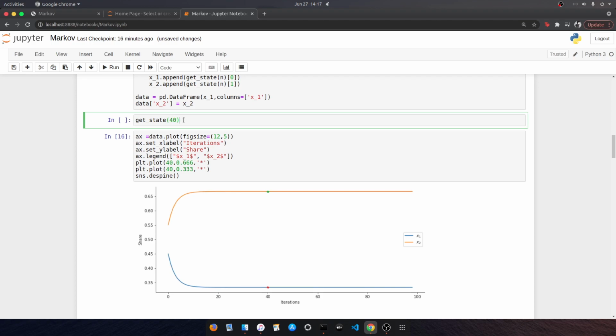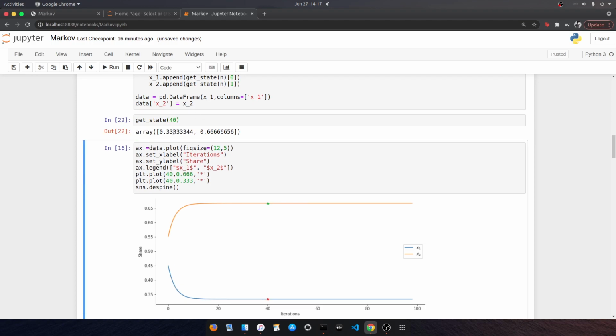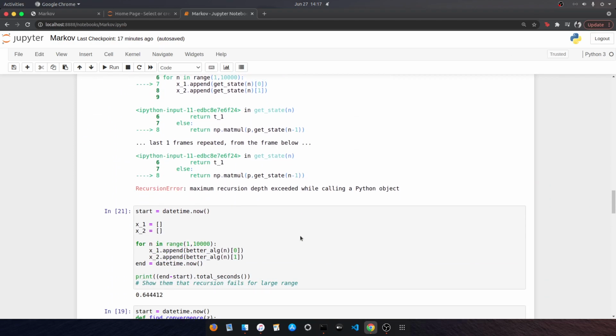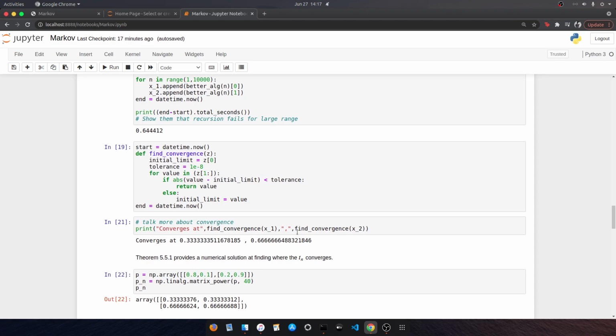I could have used a better algorithm, but let's just use getState since it's a small number. As you can see, this number is close to what we have found with the numerical solution. And again, a simpler way is to just make use of the theorem.